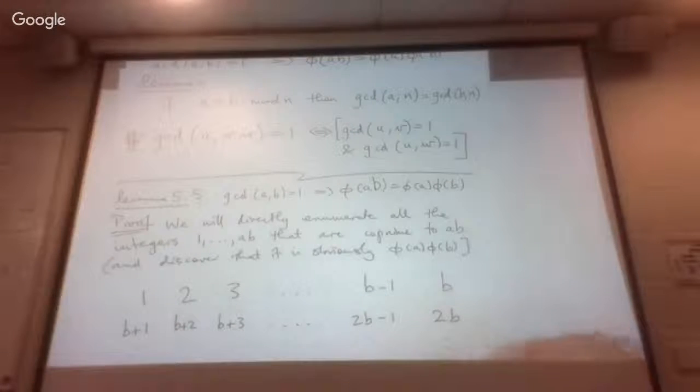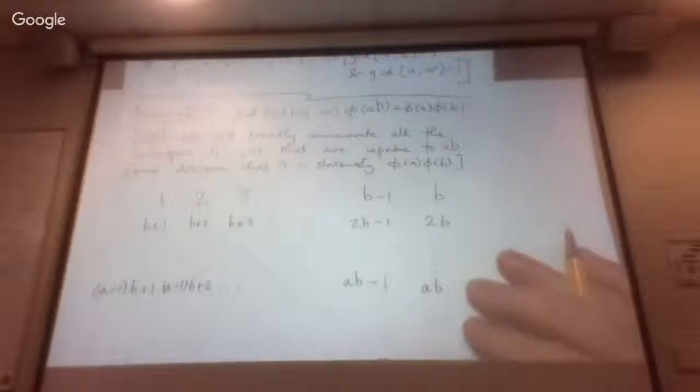So the last row ends with a times b. And we've got a times b minus 1. And it begins back here with a minus 1 times b plus 1, a minus 1 times b plus 2, etc.